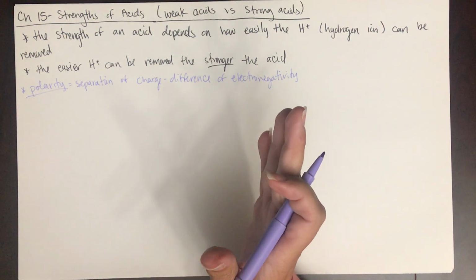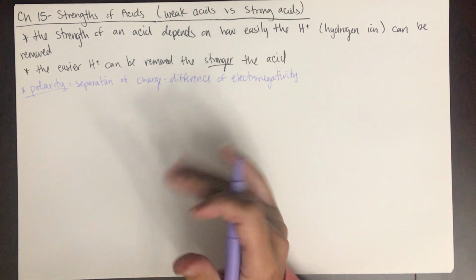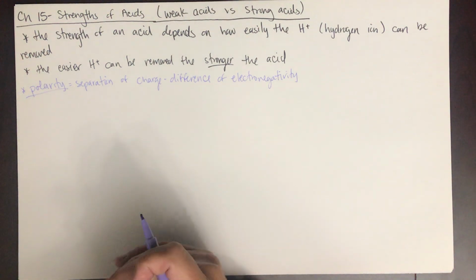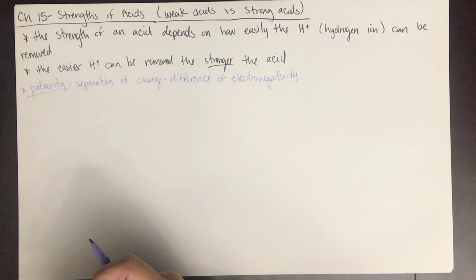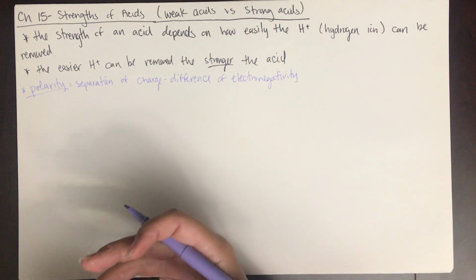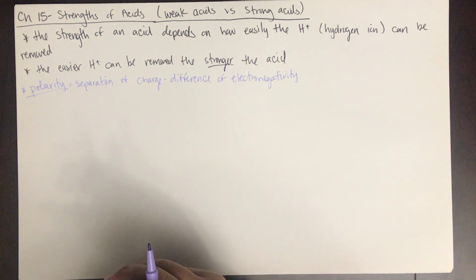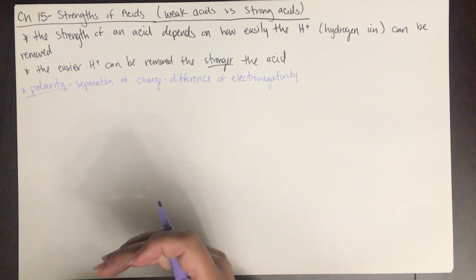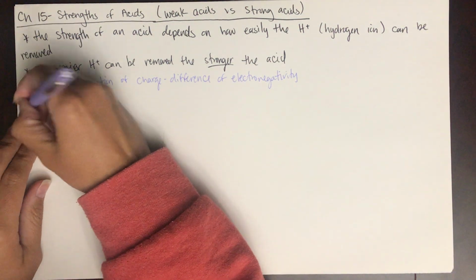So a strong acid is an acid that will readily donate a hydrogen ion that will make the concentration of hydronium increase. So the more polarized the bond, the greater the separation in charge, the more easily the hydrogen is lost.